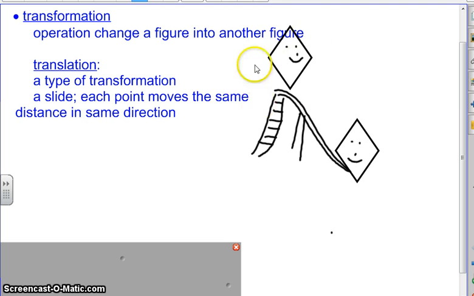So for instance, we have a lot of points on this figure when we move it, but what are the key points that we would move if we're moving a figure from one place to another? There are key points on a figure. Lauren? The vertices. Good, the vertices, or like a third grader would call them the corners, right? The vertices.